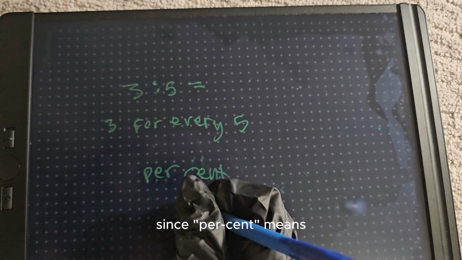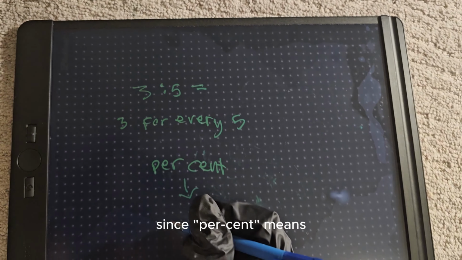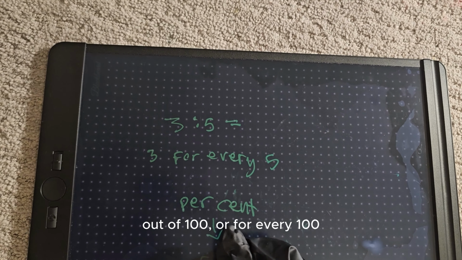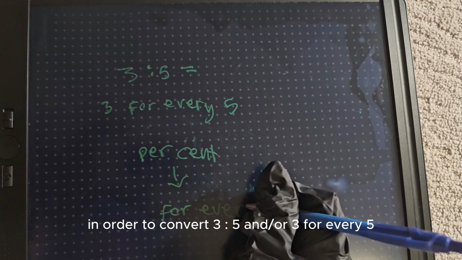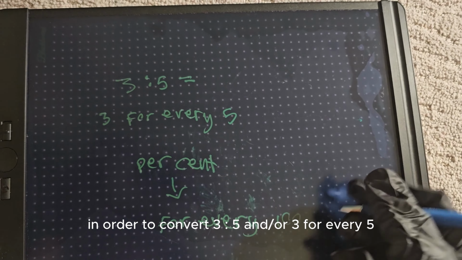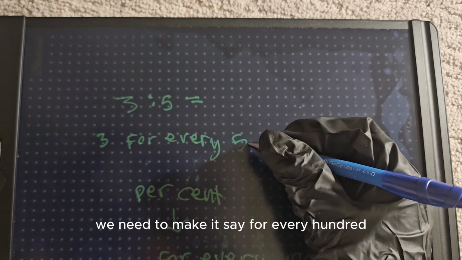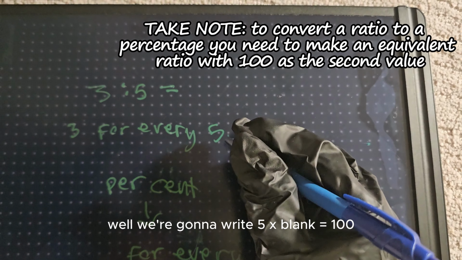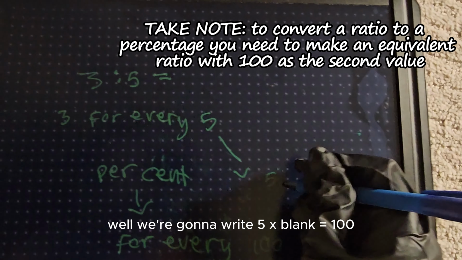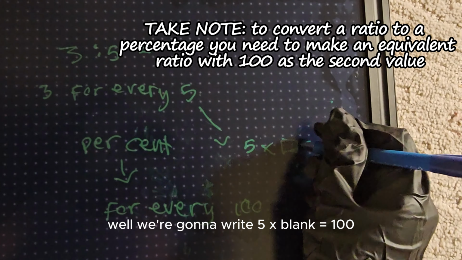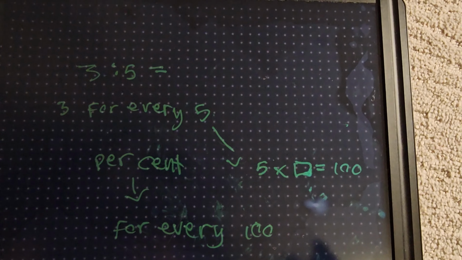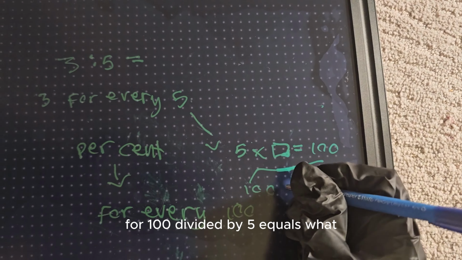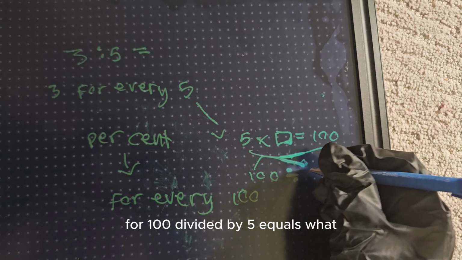Since percent means out of 100 or for every 100, in order to convert 3 to 5 or 3 for every 5, we need to make it say for every 100. So how do we get 5 to 100? Well, we're going to write 5 times blank equals 100. And we can reverse this equation: 100 divided by 5 equals what?